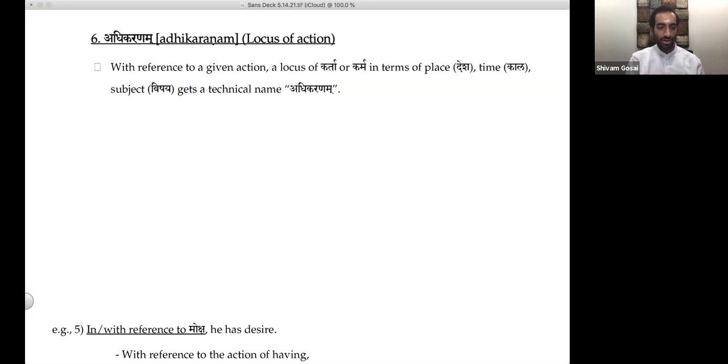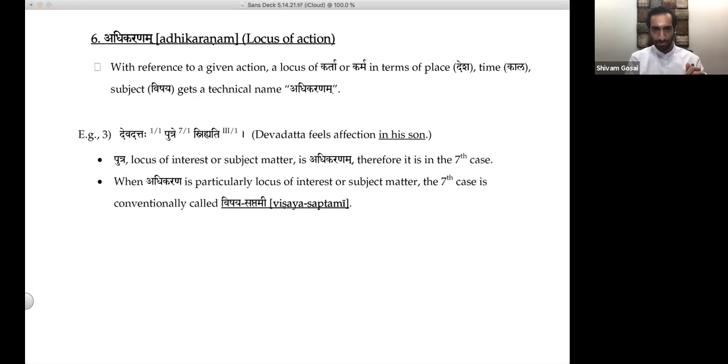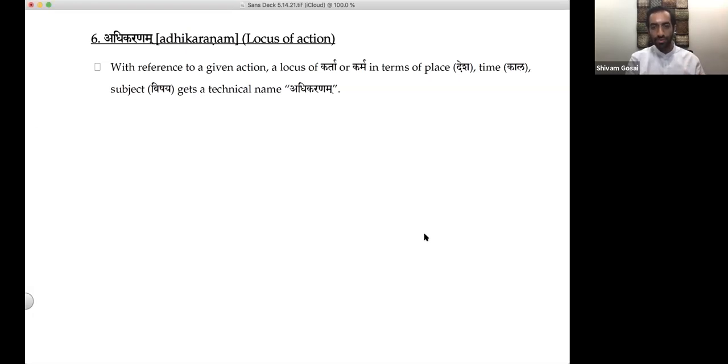Okay, so going back. Any questions so far with that? So adhikaranam can be in terms of those three things: desha, kala, and vishaya. There's some nuance to the vishaya, but I'll explain that as it comes up.